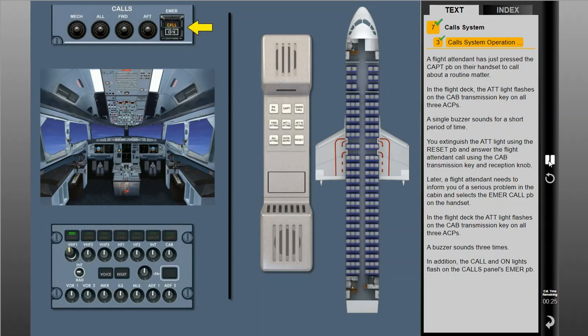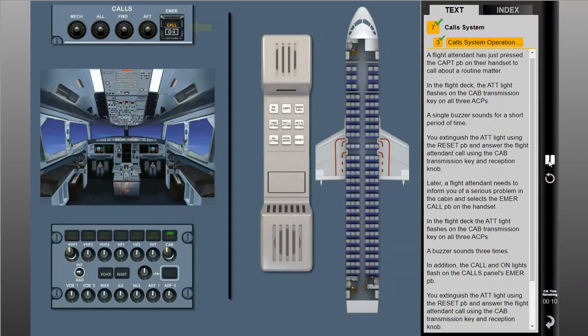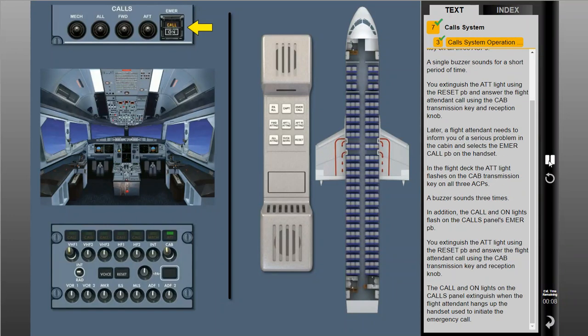In addition, the call and on lights flash on the calls panel emergency push button. You extinguish the attending light using the reset push button and answer the flight attendant call using the cabin transmission key and reception knob. The call and on lights on the calls panel extinguish when the flight attendant hangs up the handset used to initiate the emergency call.